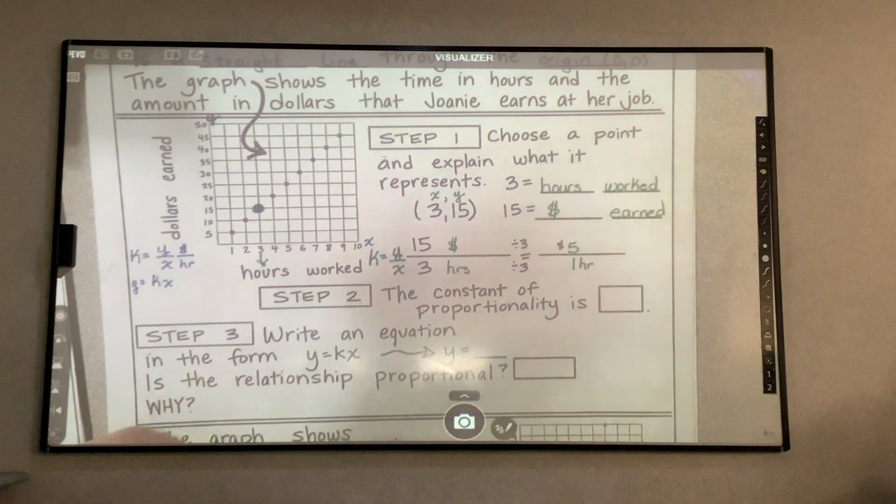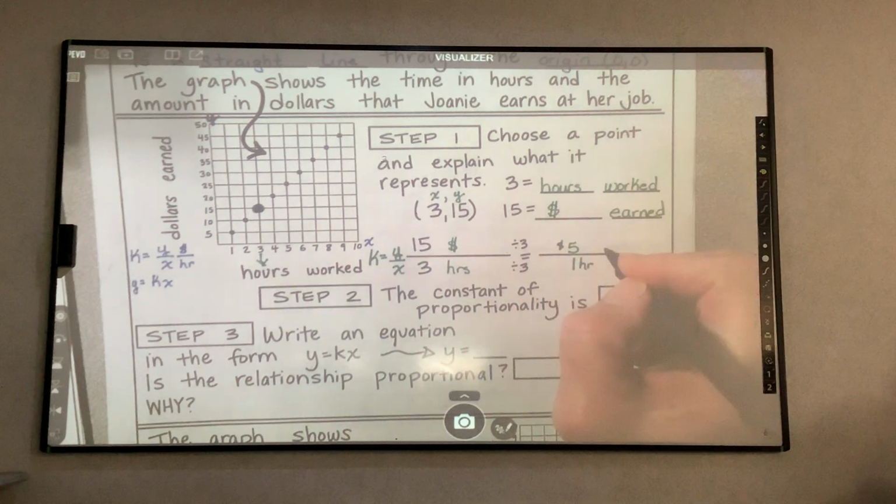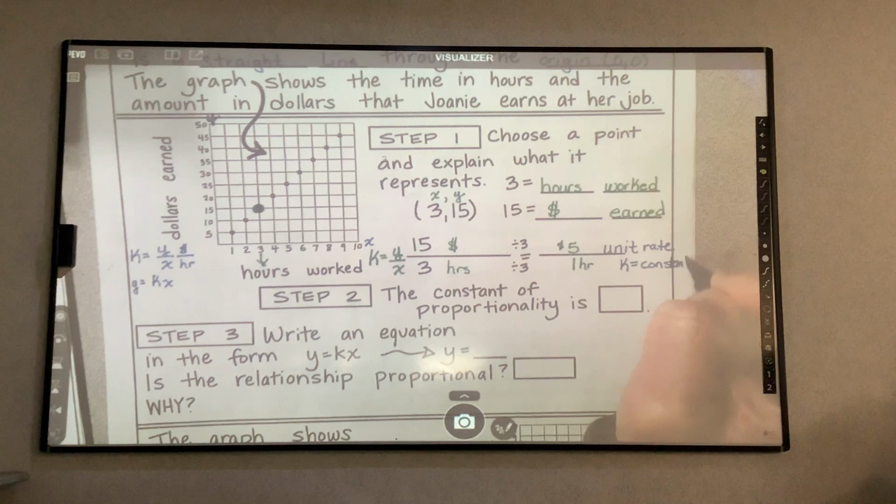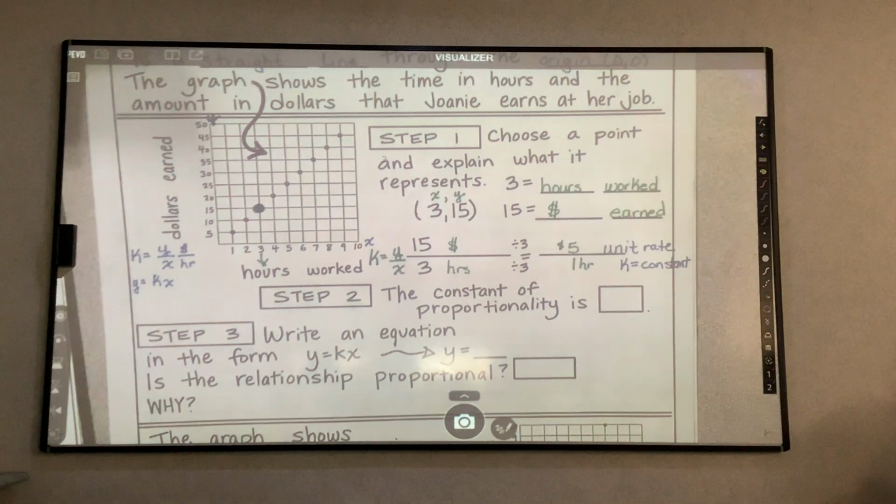That would be called the unit rate, because the denominator is equal to 1. And my unit rate is also my K, which is my constant. So a unit rate and your constant are the same thing.